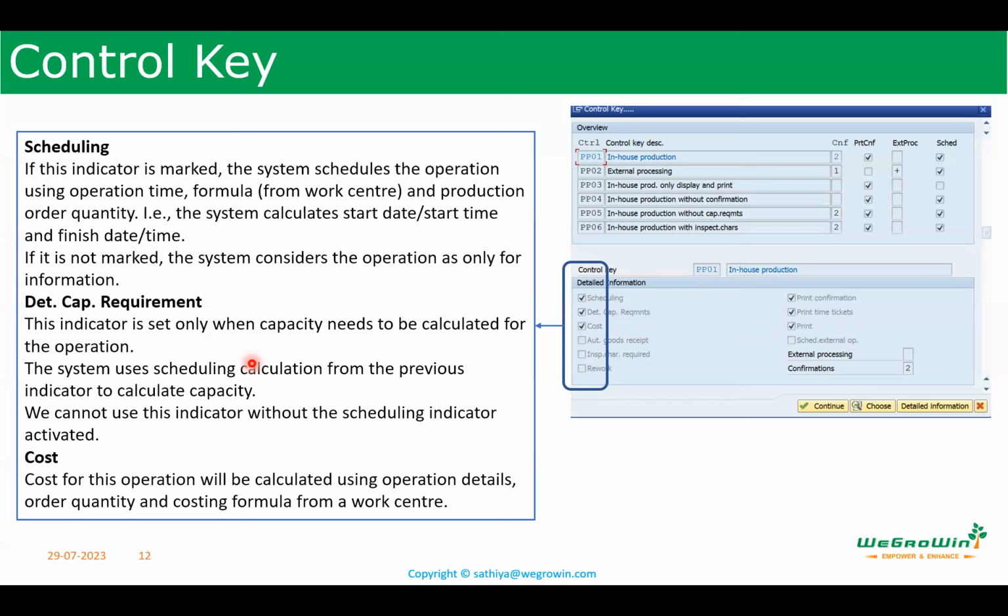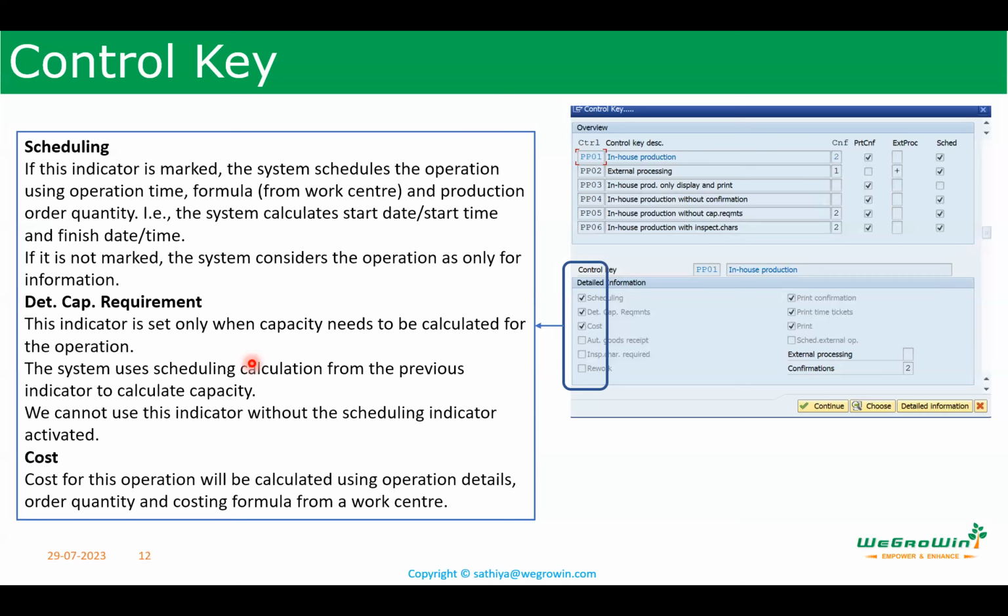So when you select the control key, that particular control key should have all these options. If the control key does not have the option, then it will not do the capacity requirement, right? And we cannot use this capacity requirement without the scheduling indicator activated, which means the prerequisite for this tick mark is scheduling. Then cost, that is, whether cost of operation is required or not.